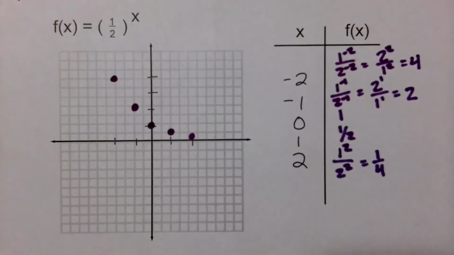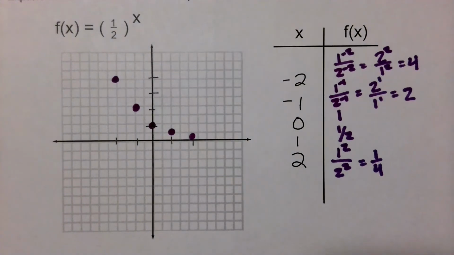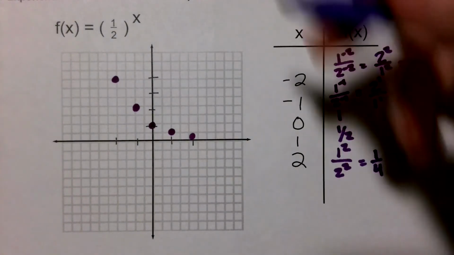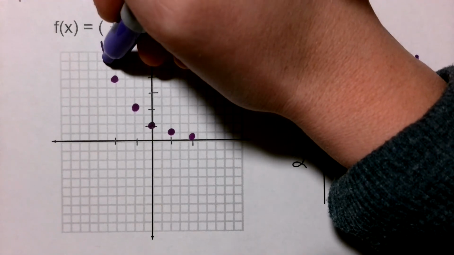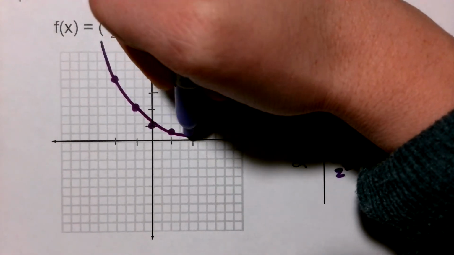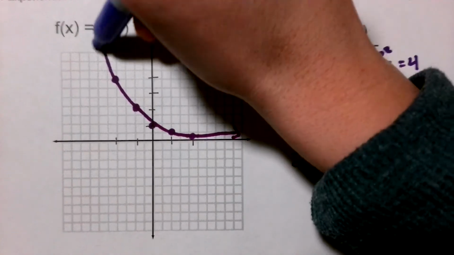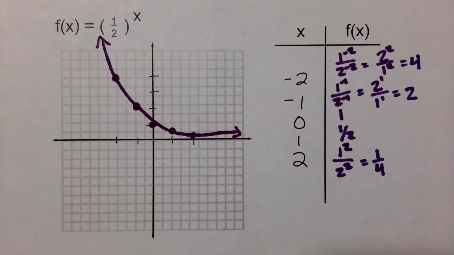Okay, so in this case, we call this exponential decay, which we're going to summarize both of these here in a minute, the general shape and what's going to happen with it. In this case, from left to right, we start up high, and now we're getting really, really close to 0. You can think about the depreciation of the value of a car.